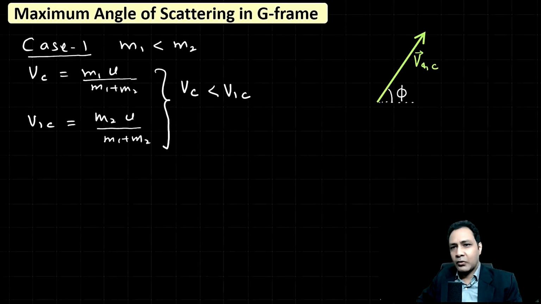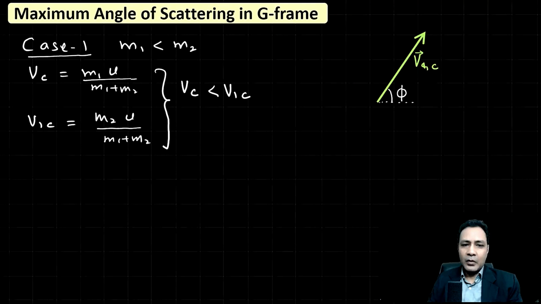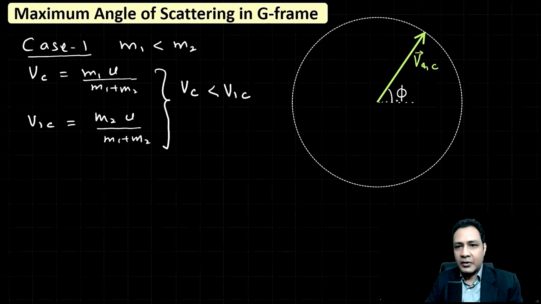So I can show the various possibilities of v1c on a circle, whose center is at the tail of this v1c vector, and the head is at any point of the periphery. If I keep moving this v1c vector, the magnitude will not change, only the orientation will change, because phi can take any value. And then there is a vc vector.